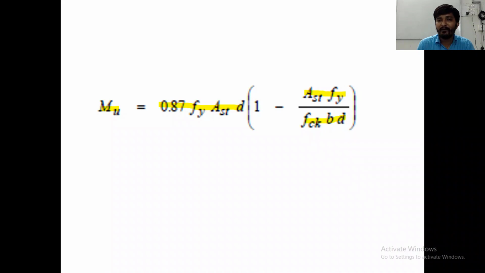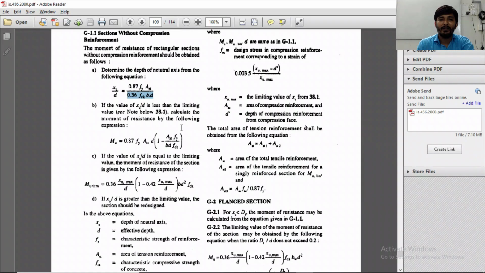Now let us go to IS 456-2000, same Annexure G1.1, right? Point b: if the value of xu by d is less than the limiting value, calculate the moment of resistance by the following equation.